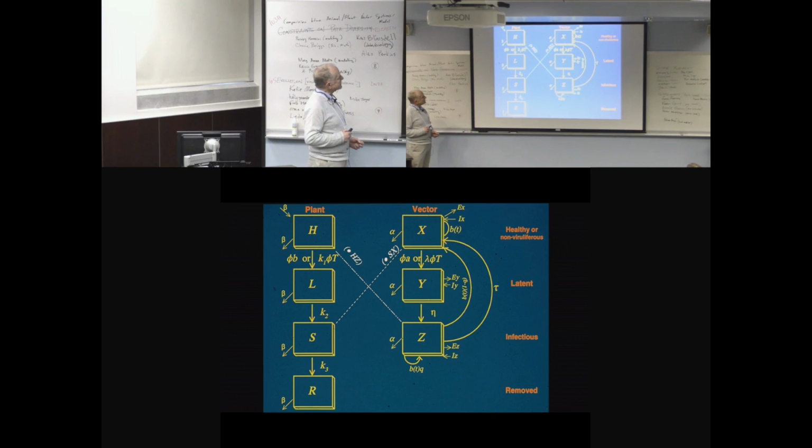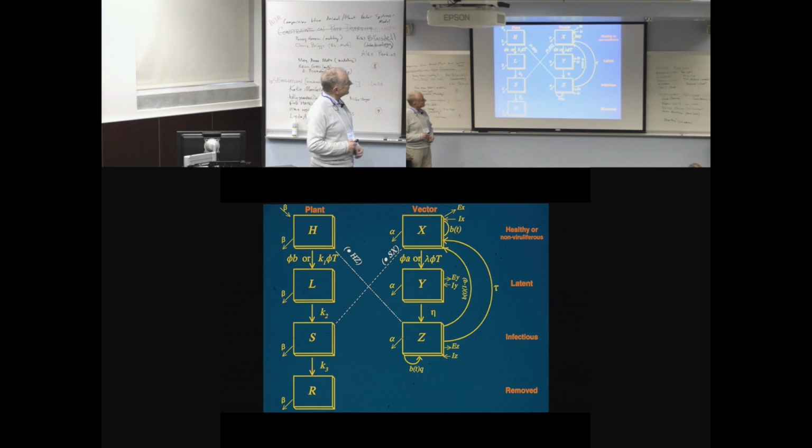This terminology, AHL-SR, is a bit old. It was done at a time when I thought that plant pathologists wouldn't understand SEIR, so I tried to use symbols which were more readily understood by plant pathologists, but I've moved right away from that now, but that's how it was done at the time.